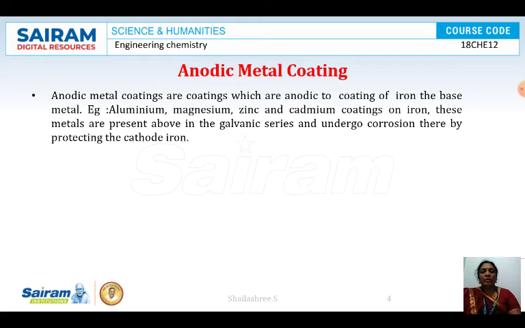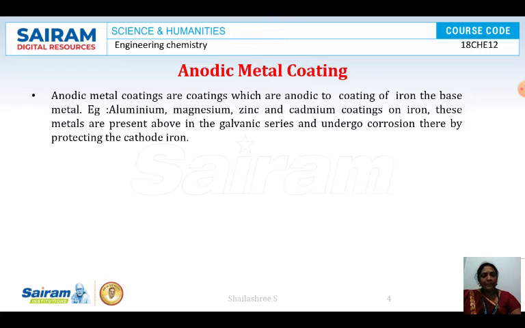Anodic metal coatings first. Anodic metal coatings are coatings that are anodic to the base metal, iron. Anodic to the base metal means the metals are present above iron in the galvanic series or electrochemical series.